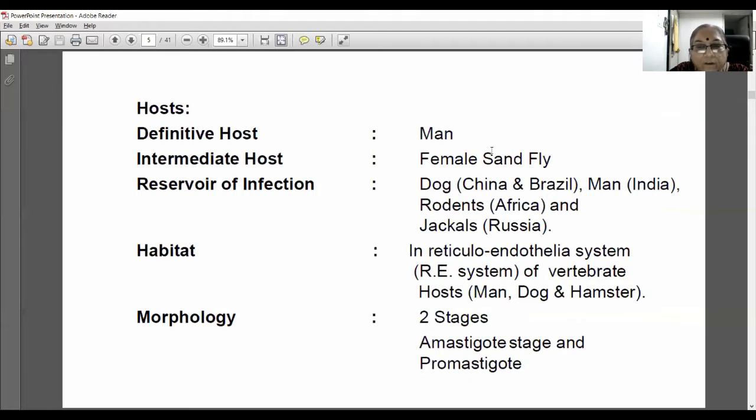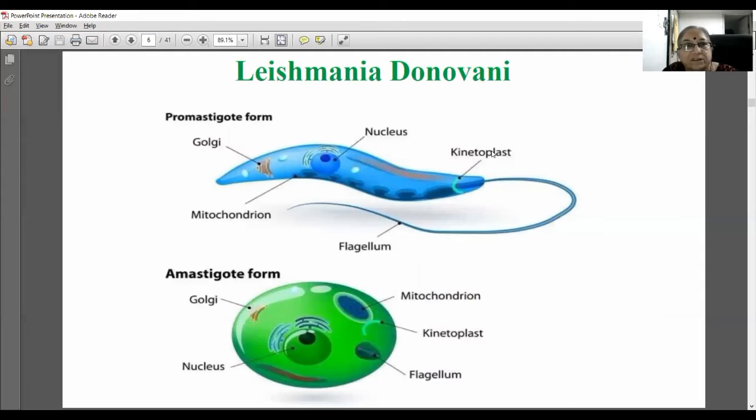The morphology of Leishmania is that it occurs in two forms or two stages, a mastigote stage and a promastigote stage. You can see in the figure, this is the promastigote and this is the mastigote phase, where it is oval, and the other is longitudinal.